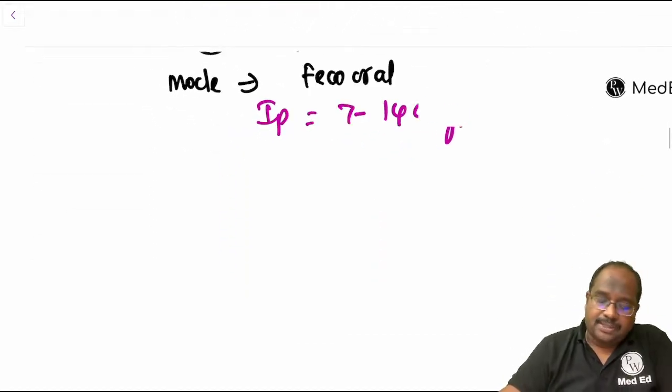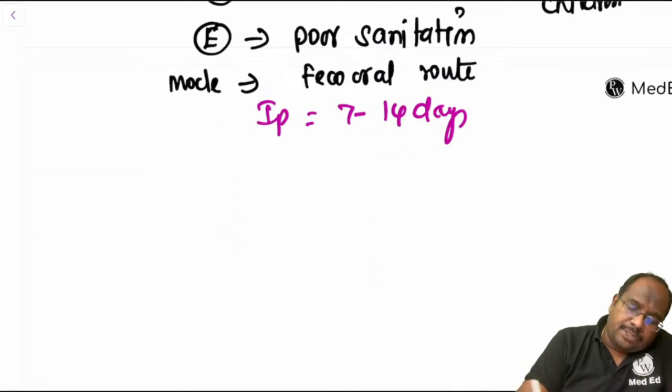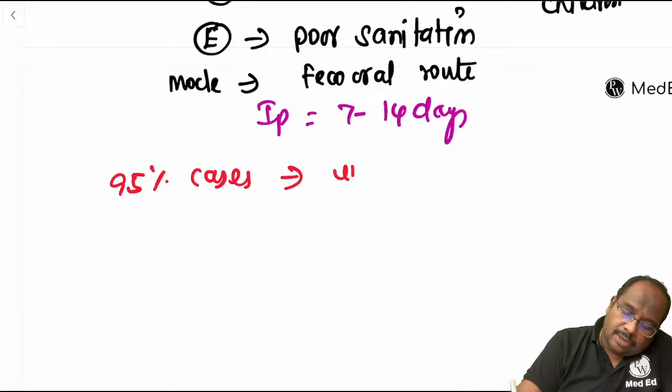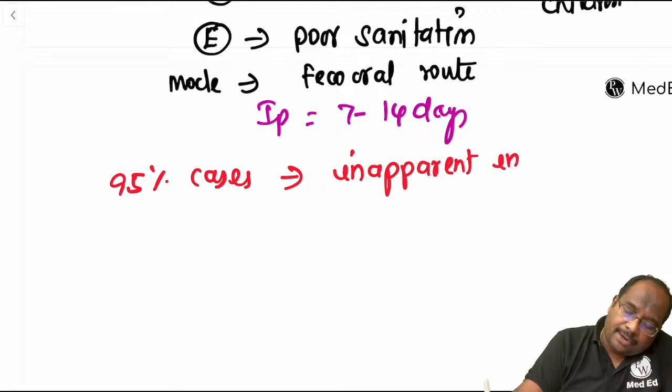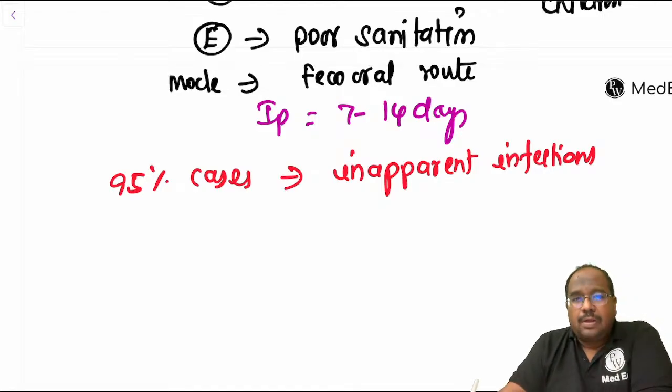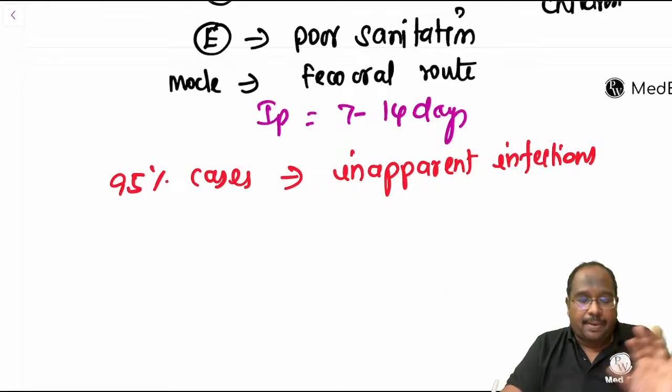Clinically, how can it present? 95% of cases are inapparent infection. They won't feel anything. This is the tip of the iceberg, the hidden portion, the iceberg phenomenon. Most cases are inapparent.